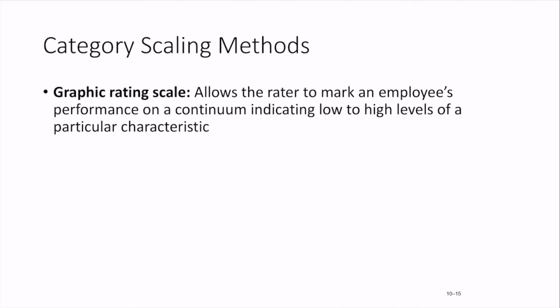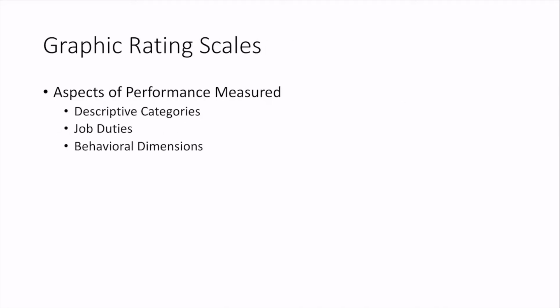Now, the graphic rating scale is just a method of letting the rater mark your performance on a continuum from high to low levels of a particular characteristic. And some of the areas that they can evaluate you on are, let's say, for instance, descriptive categories.